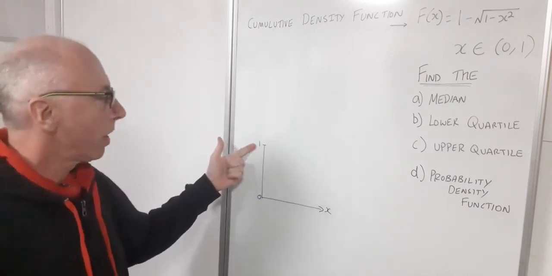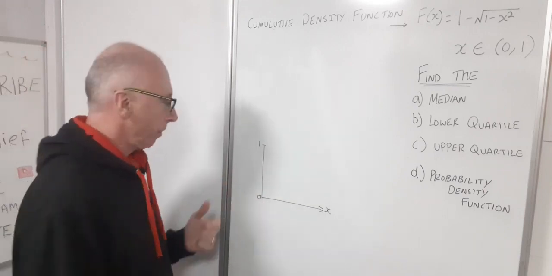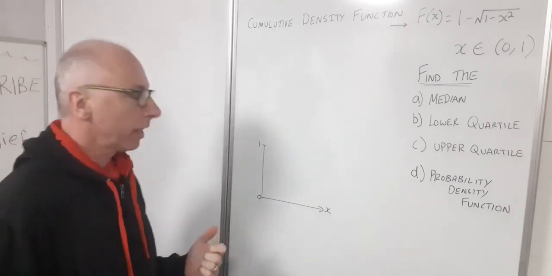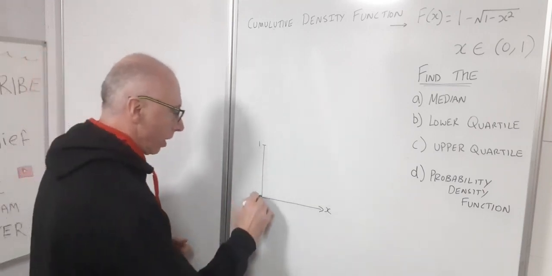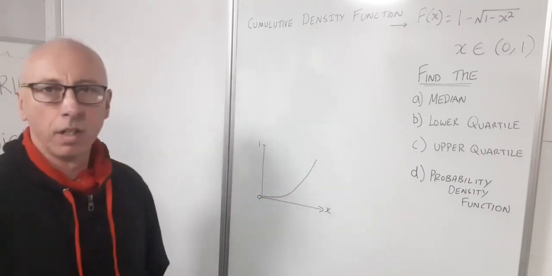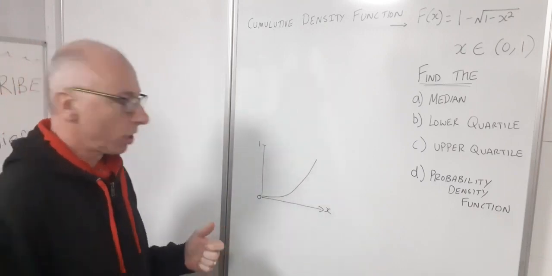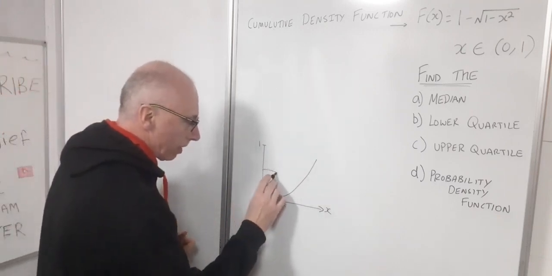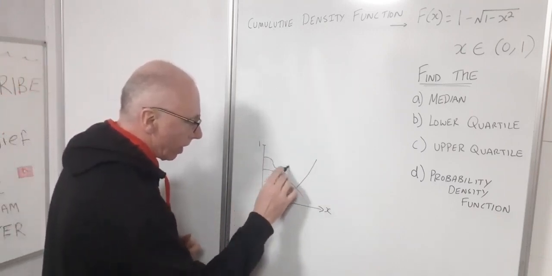That's why that is. The graph will always be monotonic and increasing, so this would make a suitable graph of a cumulative density function. What you're never going to get is something that goes like this or like this.